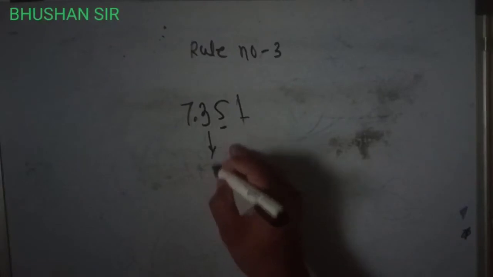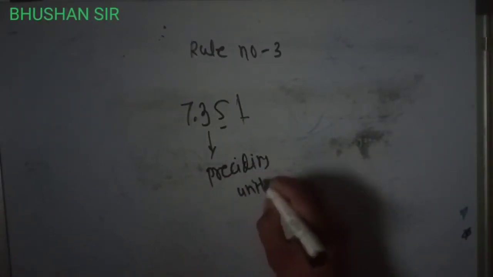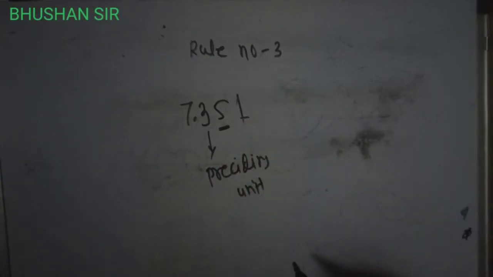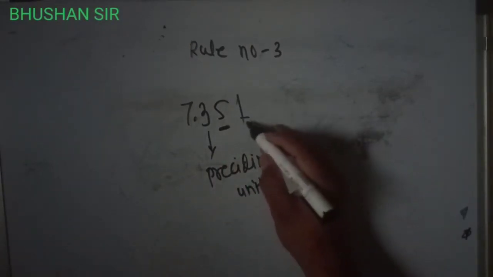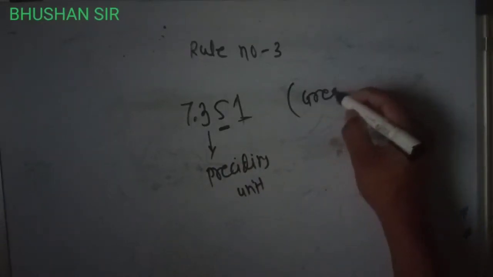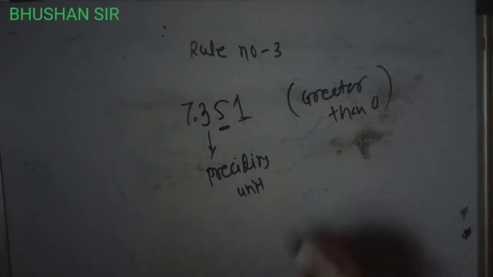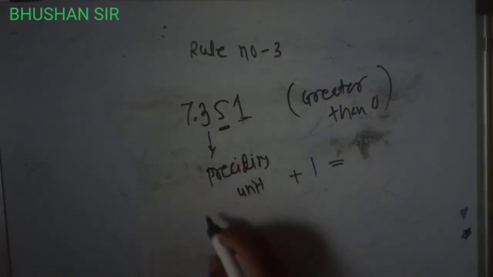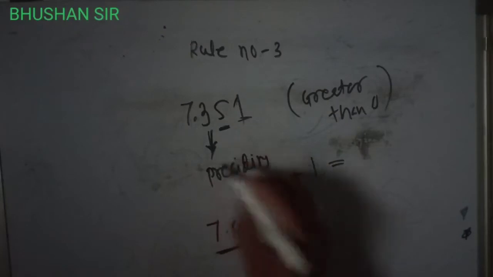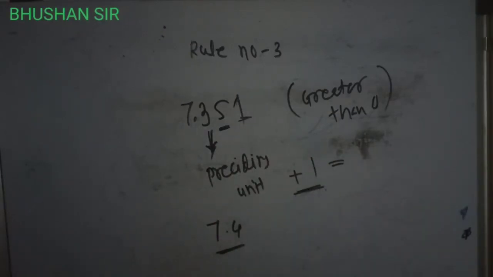This is the preceding unit. We have to drop this 5, but after the 5 there is 1, it is greater than 0. Then what happens? The preceding unit should be raised by plus 1. So the rounded figure is 7.4. This 3 unit is raised by plus 1, so it is converted into 7.4.